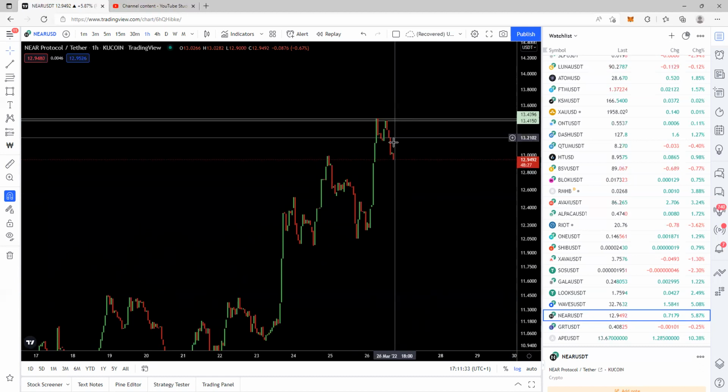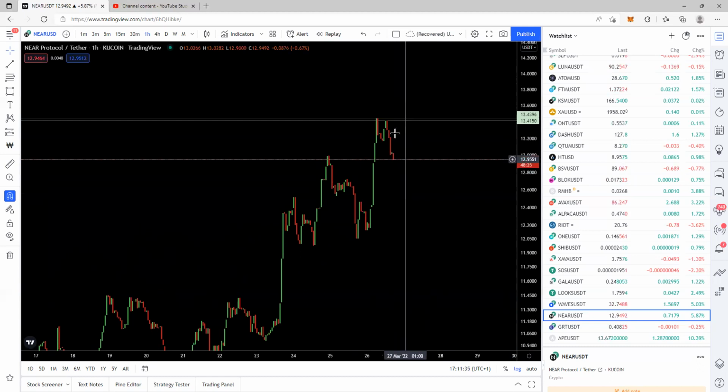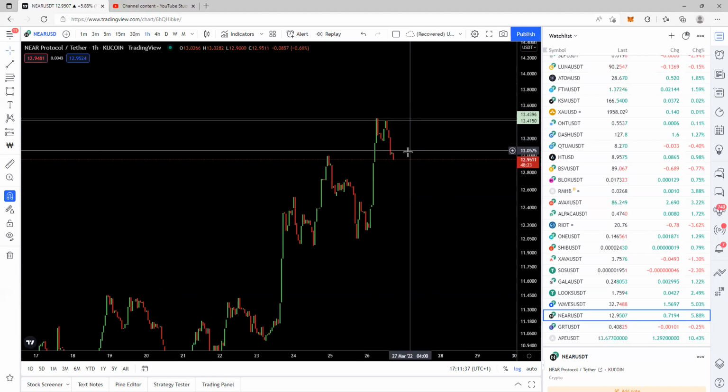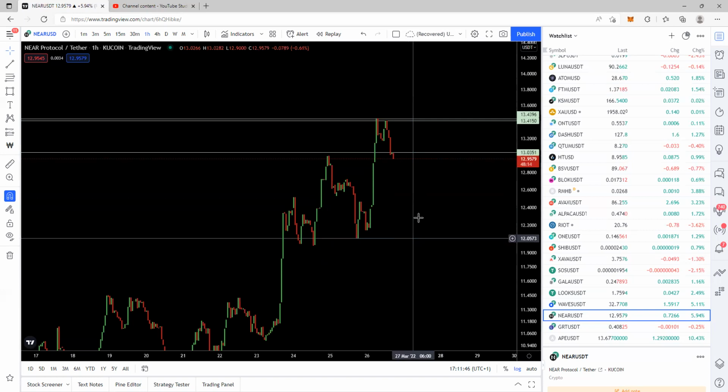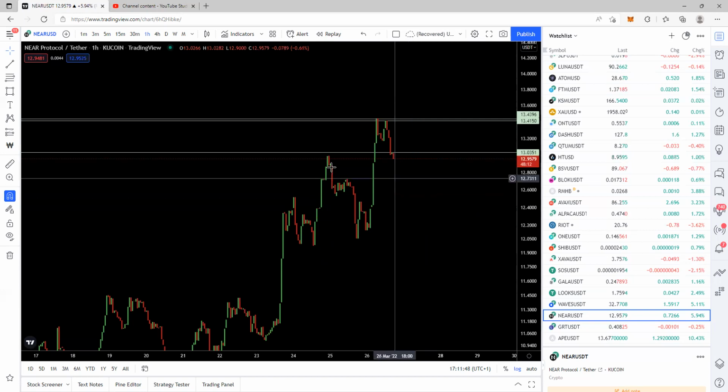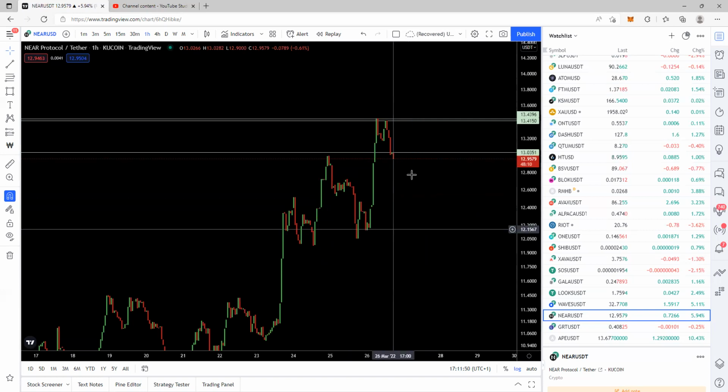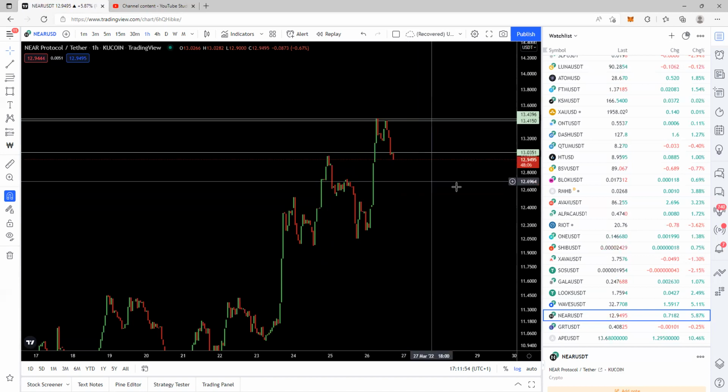And now you can start to see the areas of take profit. And we had another lower high here. So that really was the indication that I was looking for, that let me know that we were starting to begin to sell off. And I entered a position on this short.